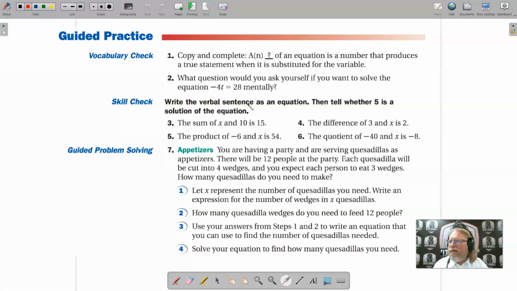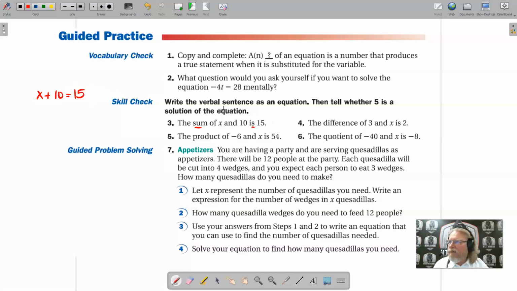On the next one, write the verbal sentence as an equation. Tell whether 5 is a solution of the equation. So, the sum of x and 10. The sum is to add, so we know that we're doing addition. X and 10, so it's x plus 10. And the word is, because we're dealing with equations now instead of expressions, equals 15.